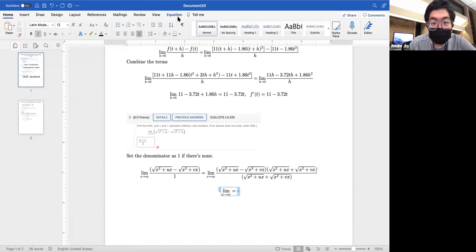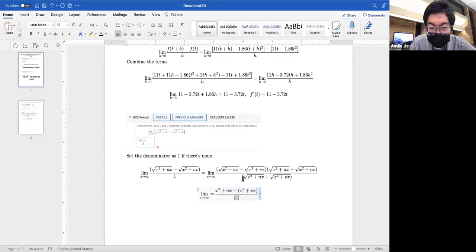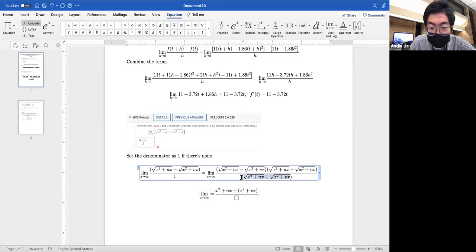We have this numerator: x squared plus ux minus, put a parenthesis here, x squared plus vx. So this big chunk is still here.